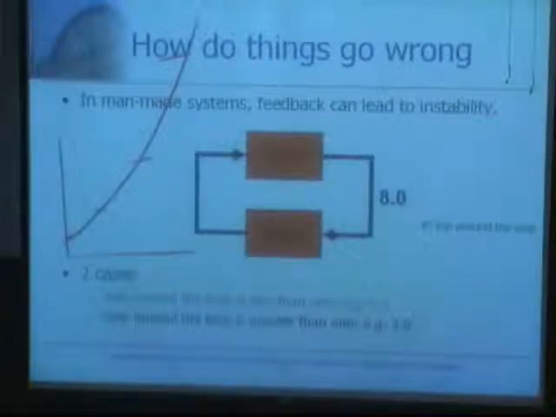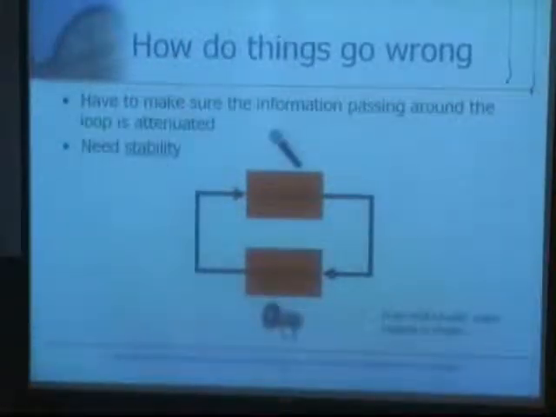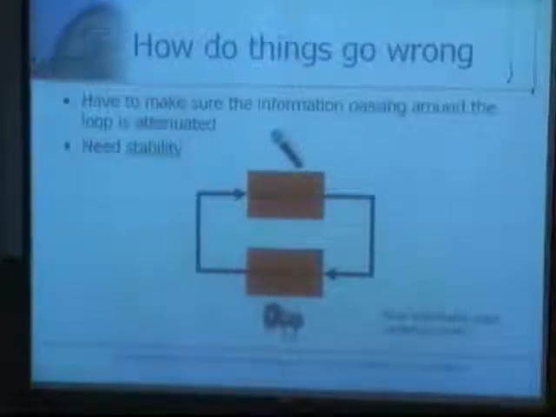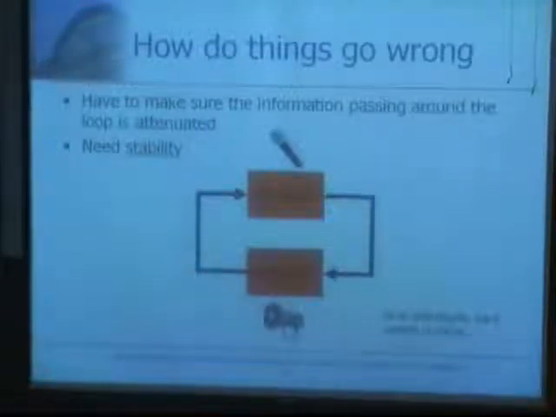In engineered systems, that's bad. That's what we call an unstable system. We have to make sure that the information that gets passed around this loop is attenuated somehow to make sure that my feedback system is stable.